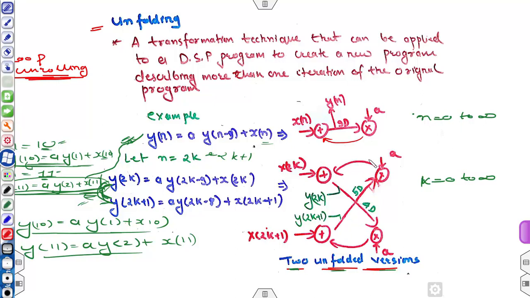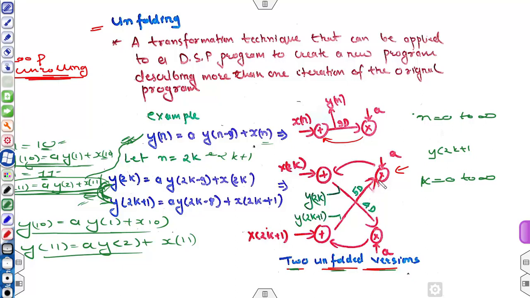This is multiplied by a, and at this point the signal is y[2k+1] divided by 5d. So y[2k+1], and that is delayed by 5.